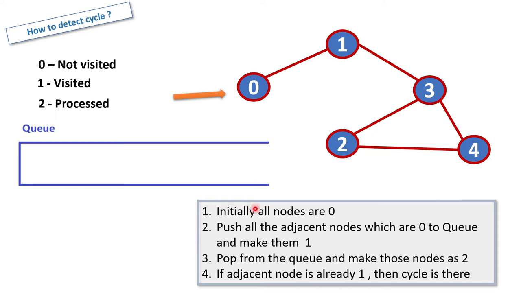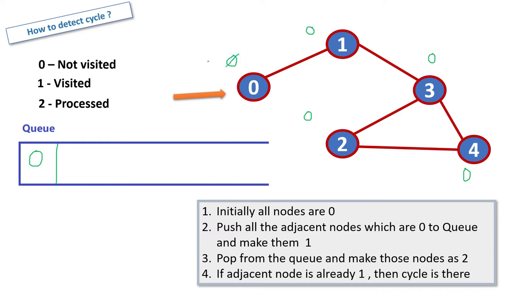Initially I will mark all the nodes as 0. Now, as I am starting from here, I have to push this node into the queue. So 0 will be pushed in the queue, and the rule says that as soon as you push that element in the queue, you have to mark it as 1.